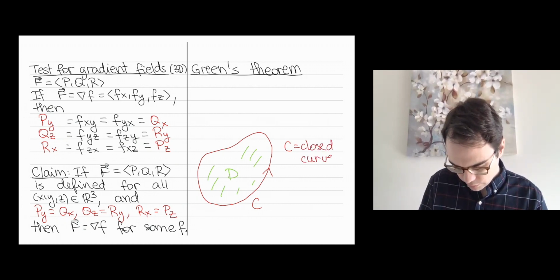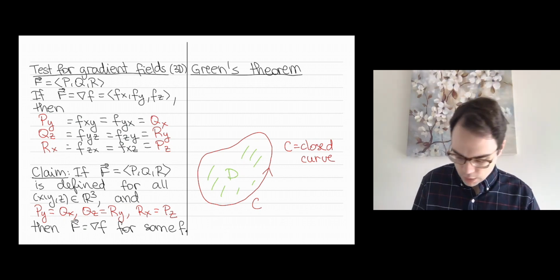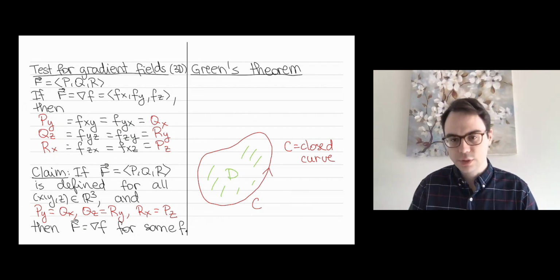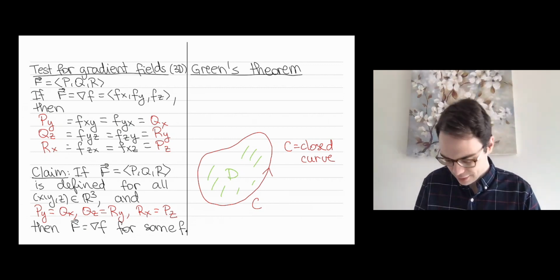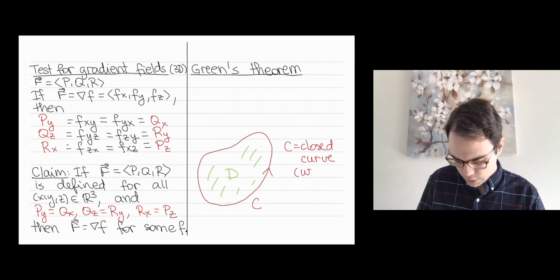Closed curve. And it has the quote-unquote positive orientation. So this is also important. Let me just write this and discuss this, come back to this later.